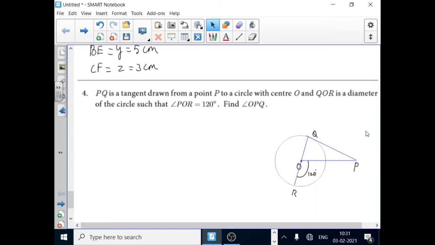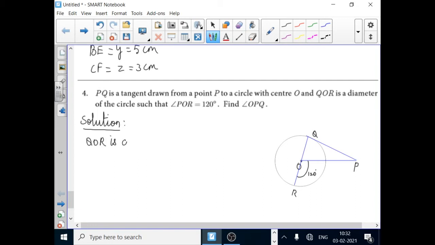So, solution. Everything is given in the question, so we mark it in the diagram also. QOR is a diameter.